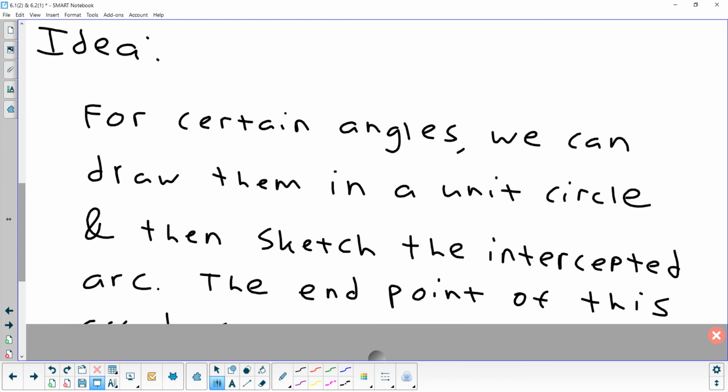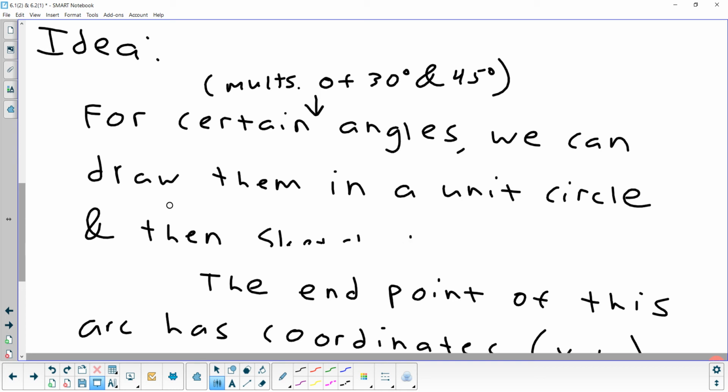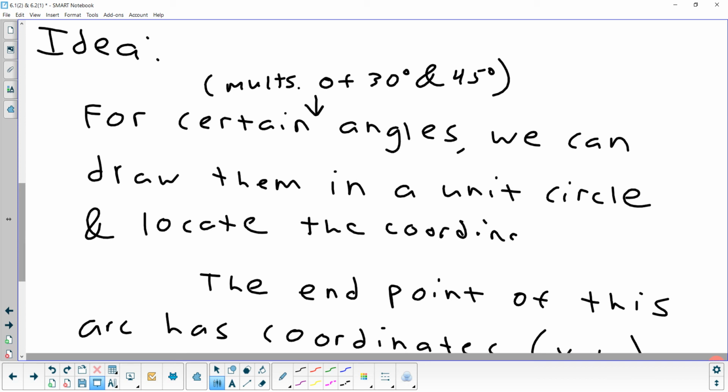So this is basically what I've told you already. The idea of unit circle trig is that for certain angles, specifically multiples of 30 and 45, that's what I mean by certain angles, we can draw them on the circle and locate the coordinate where the terminal side hits the circle.